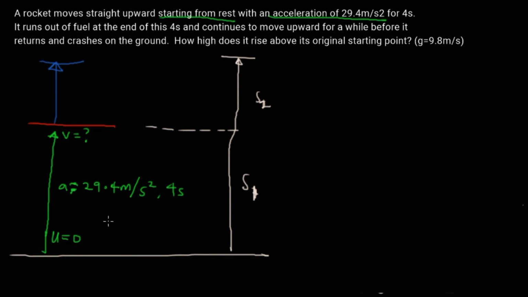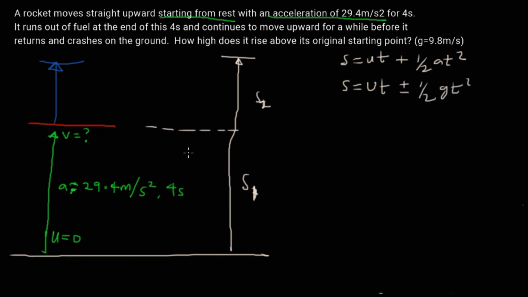In order to find s1, we have these parameters for the first displacement, for the first movement. s equals ut plus half at squared. Notice that this motion is under gravity, so the equation becomes s equals ut plus or minus half gt squared.